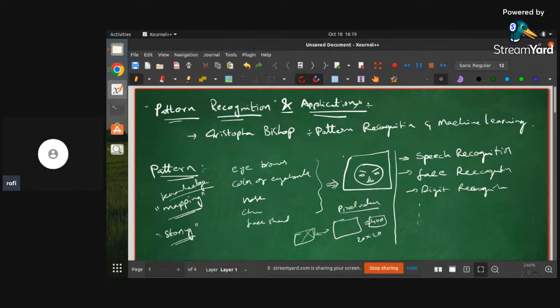You may or may not know them, but you feel that okay, I have seen this kind of face earlier sometimes. So you try to correlate that person's face with one of the faces existing in your brain database, and that's how you try to remember.